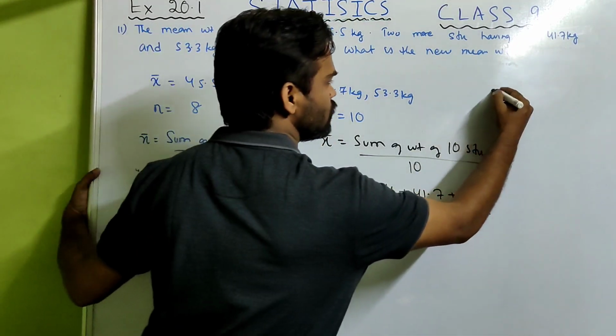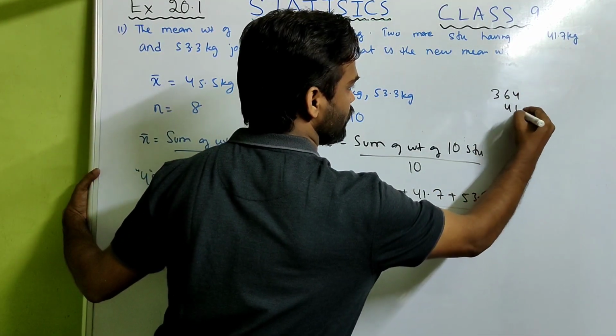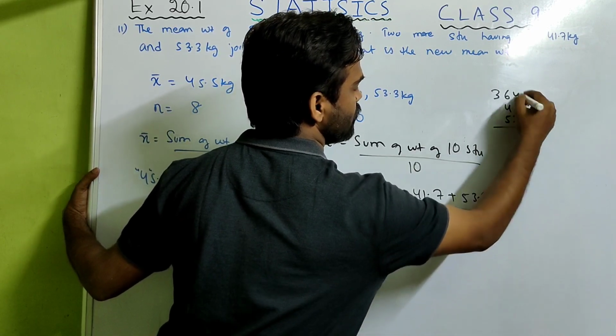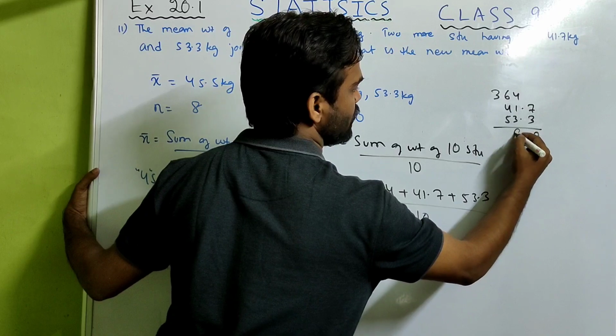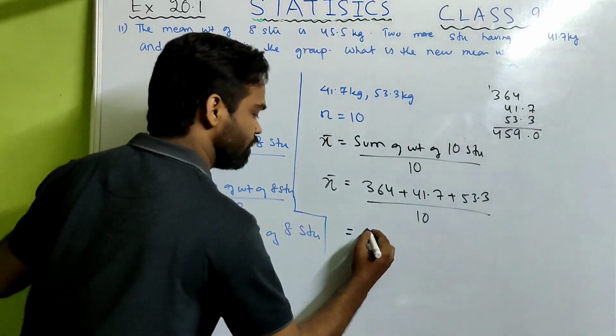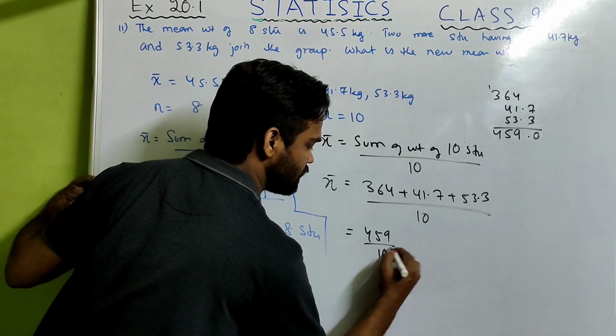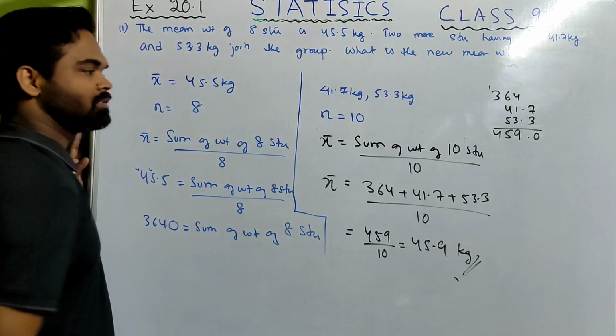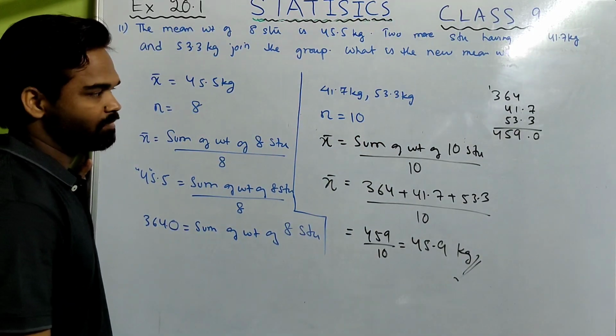And this is how much? 364, 41.7, 53.3, that's 459 by 10, that's 45.9 kg. That's the mean weight of 10 students.